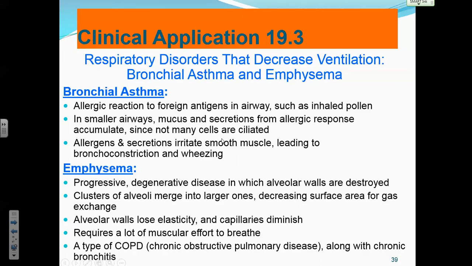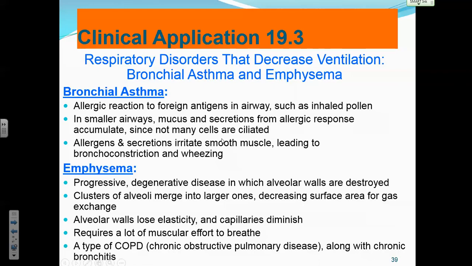So do you see how it limits the gas exchange? So many of the medications for asthma have to do with dilating those airways or relaxing those muscles. A lot of those are just smooth muscle relaxants.